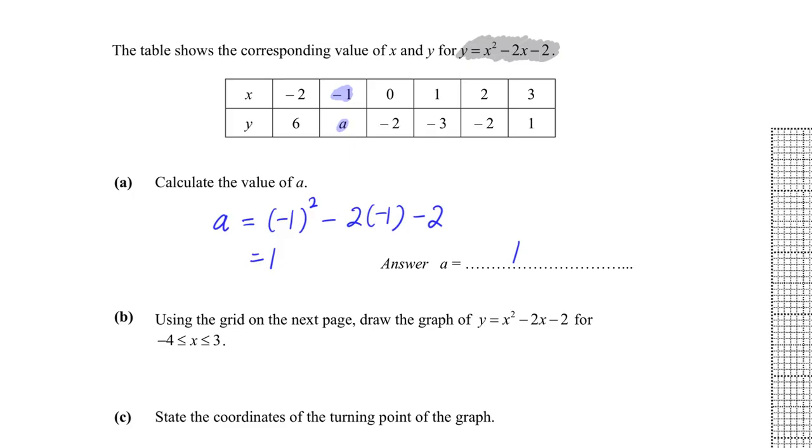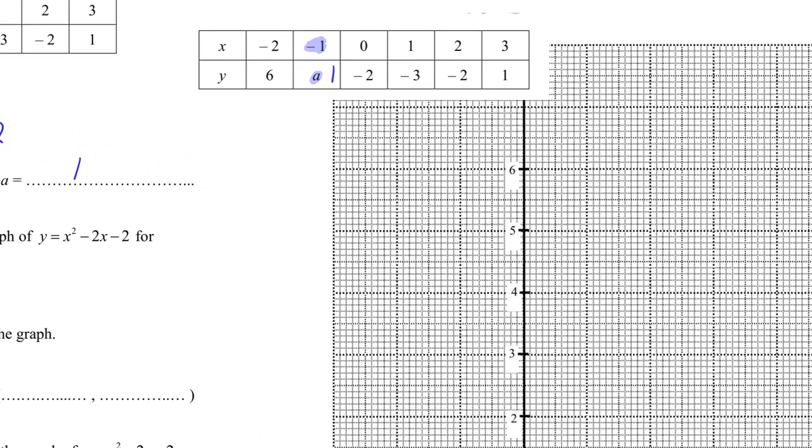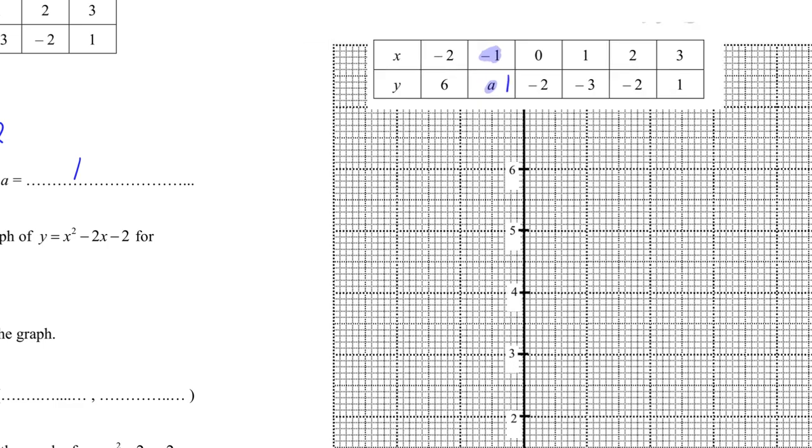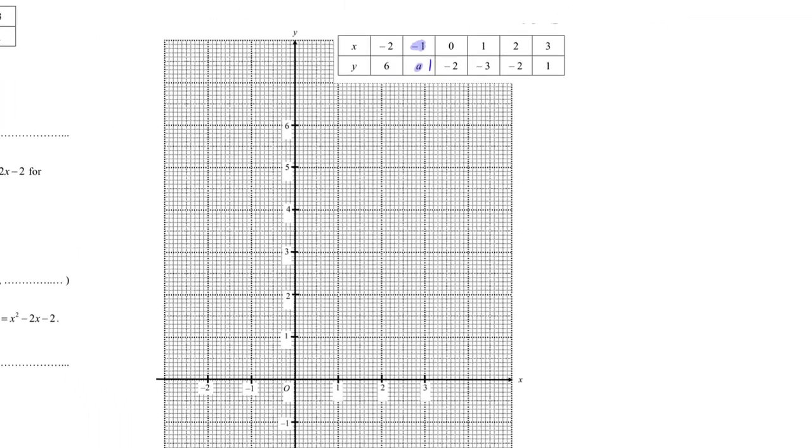Now that I know the table of values, I'm going to plot this graph on the grid here. I'm going to put it here so it's easier for me to refer to. The first point, x is equal to -2, y is 6, so it's here. When x is -1, y is 1.